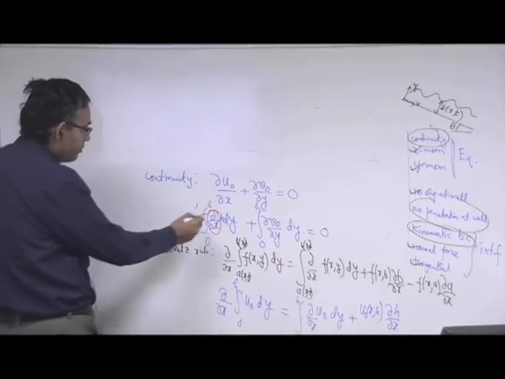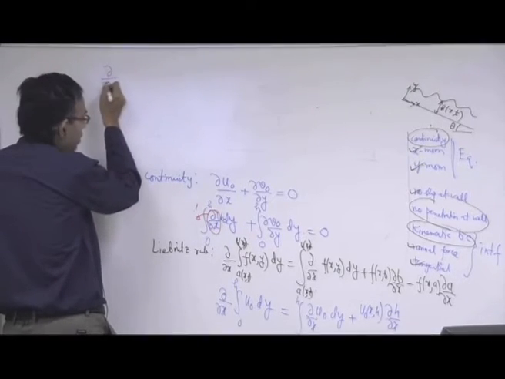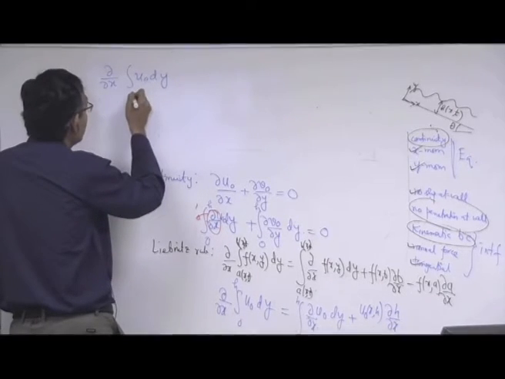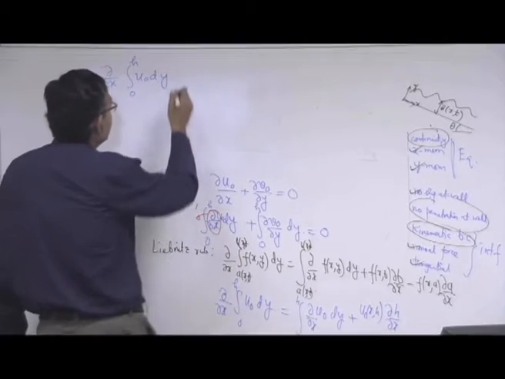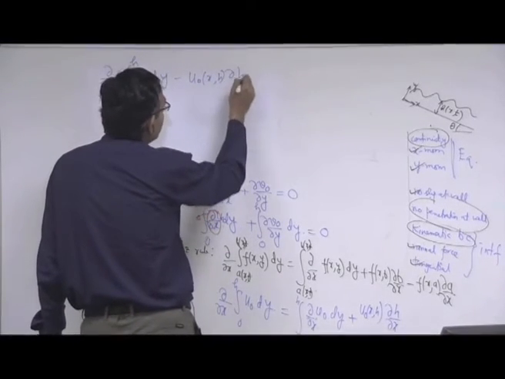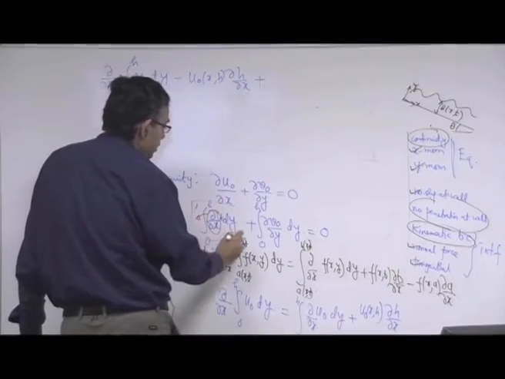So in place of this term we will write ∂/∂x of the integral of u0 dy from 0 to h, minus u0 at x, h, ∂h/∂x, plus, so this term we have written.